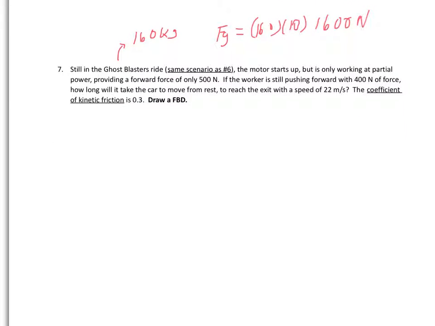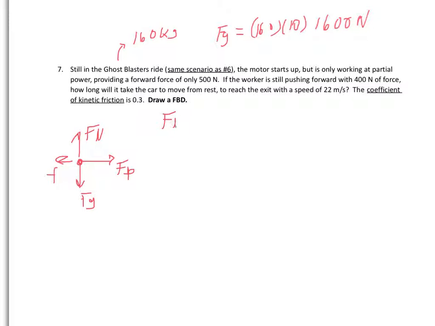Now continuing with this one, we're going to have this motor starting up, working at partial power, but now the person's still pushing. So let's just figure out. We're going to have the normal force, the weight, this pushing force, and the friction force. So let's go ahead and set things up.